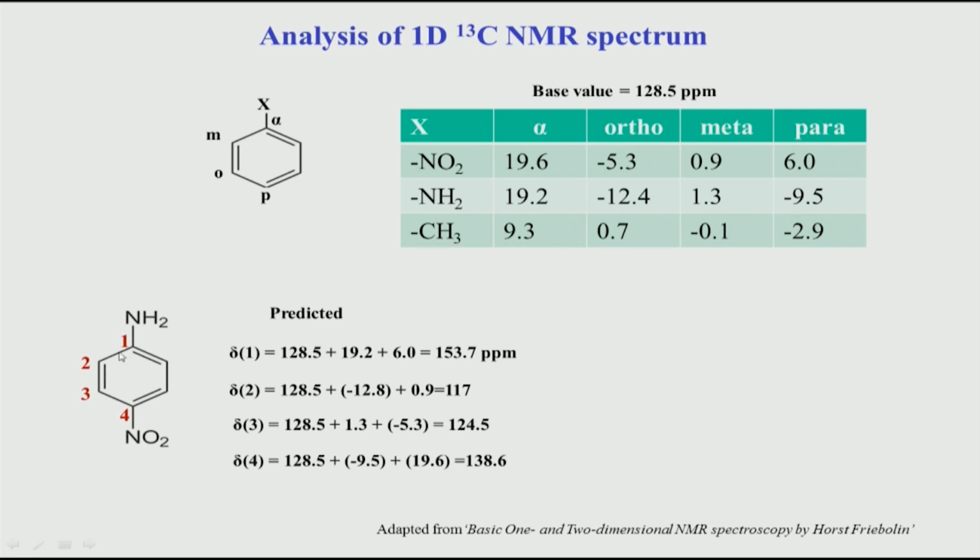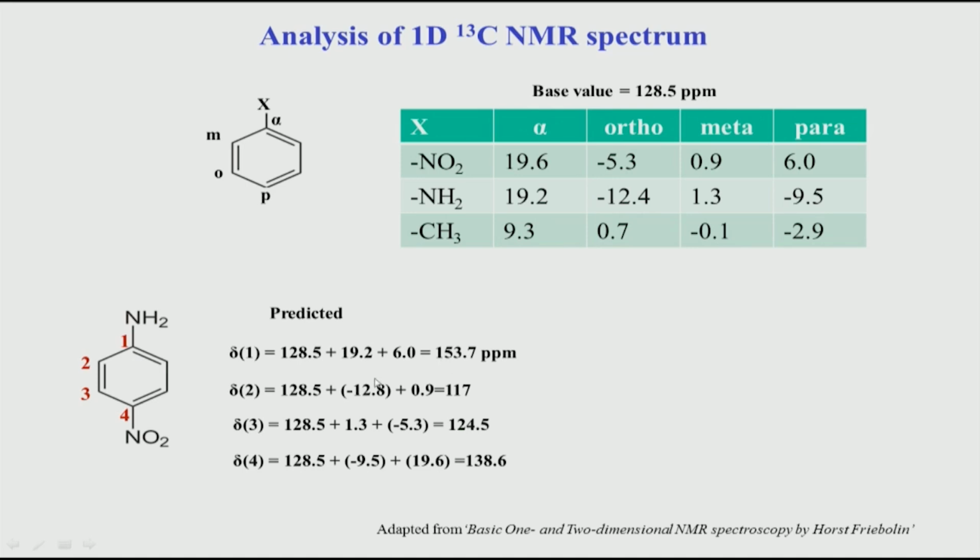If you look at aniline, because of the amine group, the value for C1 coming from here is 19.2, which is added to this base value, and you basically get this peak. At the para position there is a nitro group, which will also contribute to this carbon, and you will get this value.